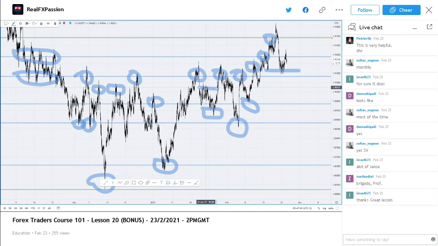Does the market react to the monthly support resistance pivot points on all time frames most of the time? Look at the chart. There is no right or wrong. You can say yes, you can say no.